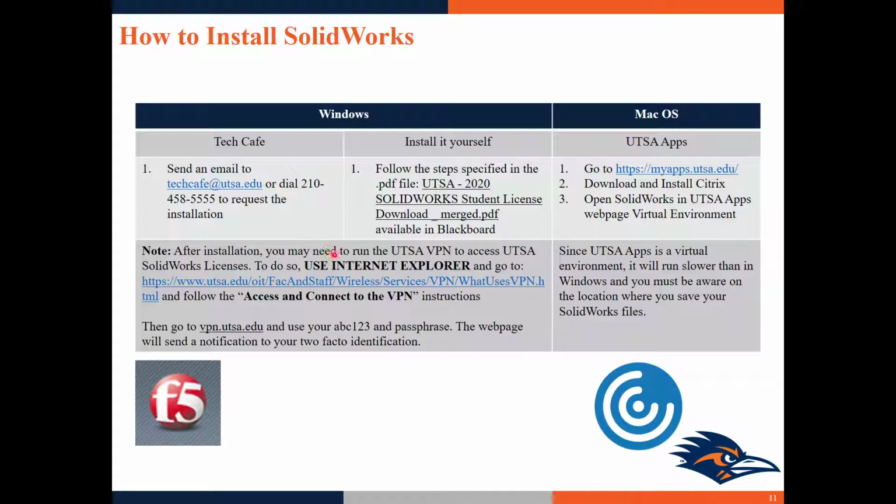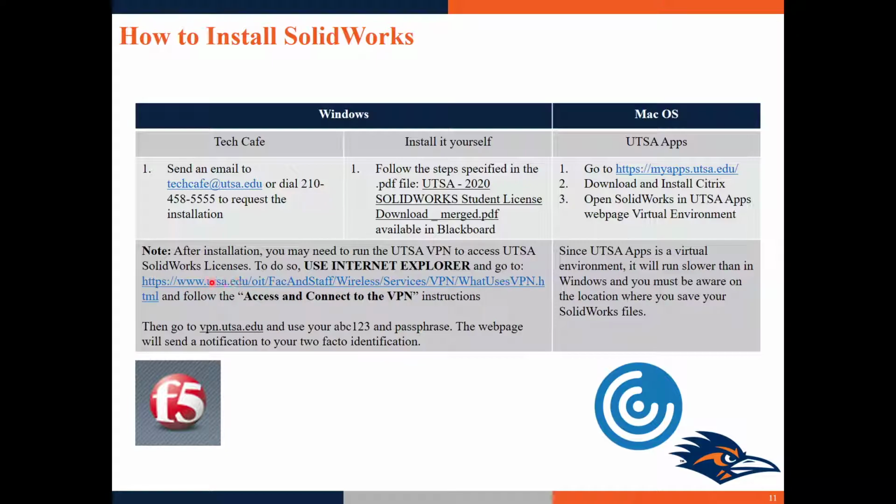Now, for UTSA VPN, since some of you might be using licenses from the university, you will need to activate their VPN going in this link, and then it will ask you to install a Duo Identifier, I guess that's the name.